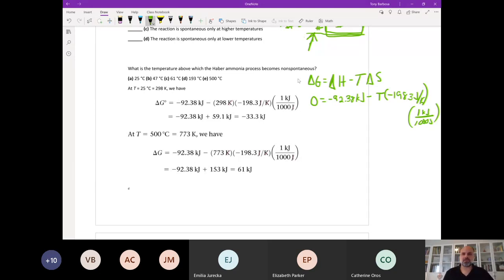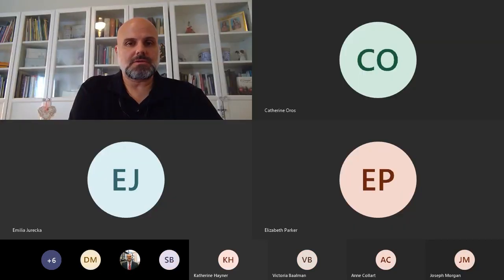So the answer is D. You're just basically solving for T. I'm not going to go through all the math, but the temperature ends up being 466 Kelvin, which is 193 degrees Celsius. Once you're higher than that, your reaction becomes not spontaneous any longer. So that's all you're doing there: just using the Gibbs free energy equation and solving for temperature.